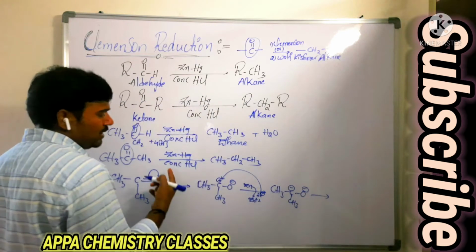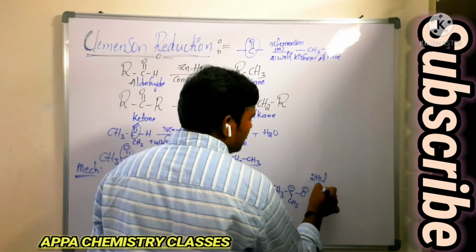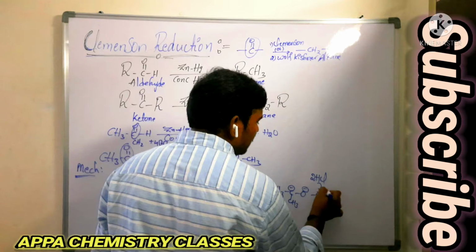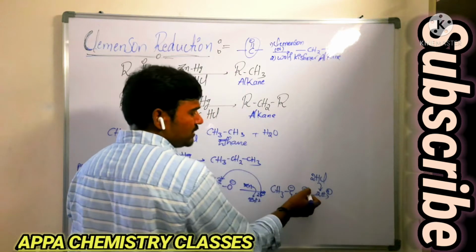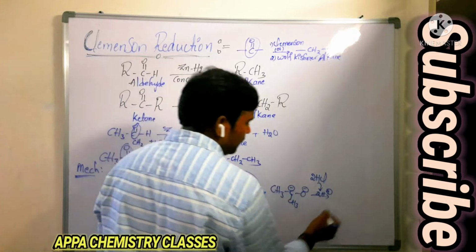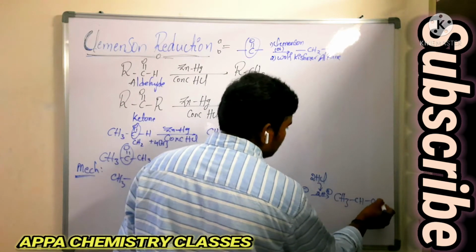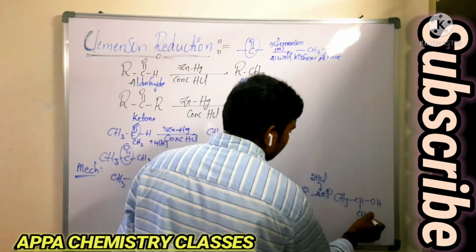Now we take 2 moles of HCl, giving 2 H plus ions. One H plus ion is substituted on the oxygen and one H plus ion on the carbon. Then we get CH3CHOHCH3.